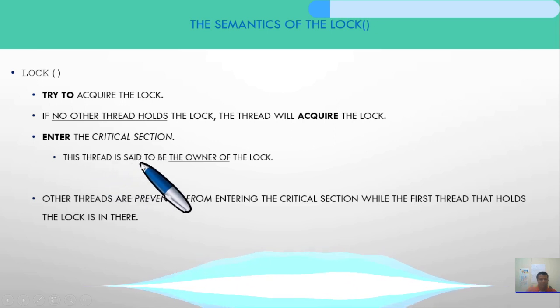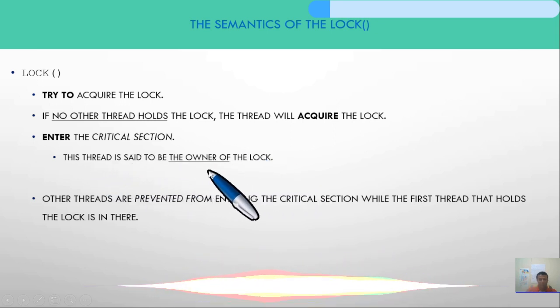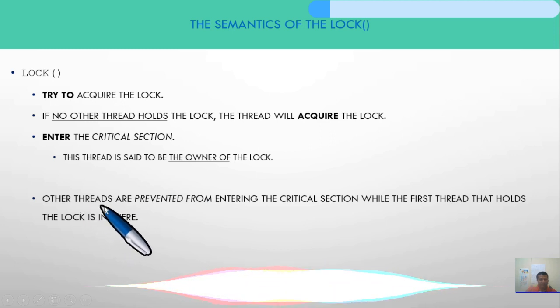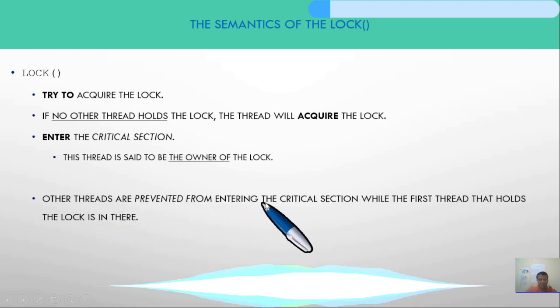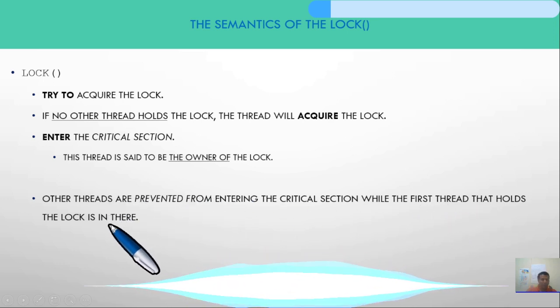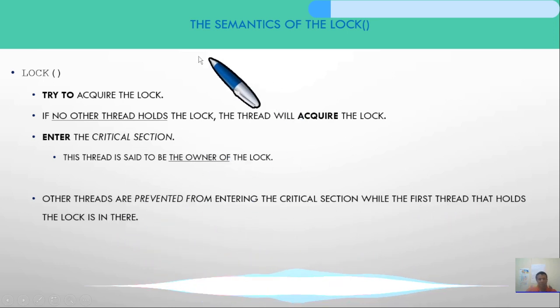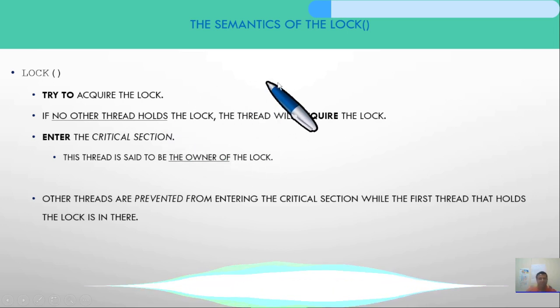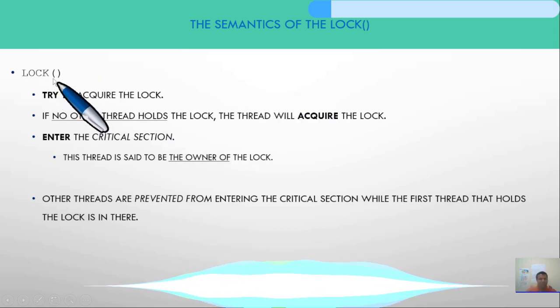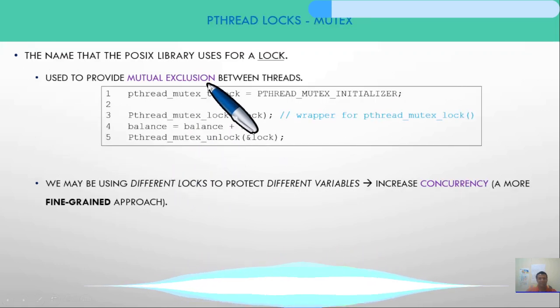This thread is said to be the owner of the lock, and other threads are prevented from entering the critical section while the first thread that holds the lock has not finished. So this is the theoretical idea of the critical section problem.